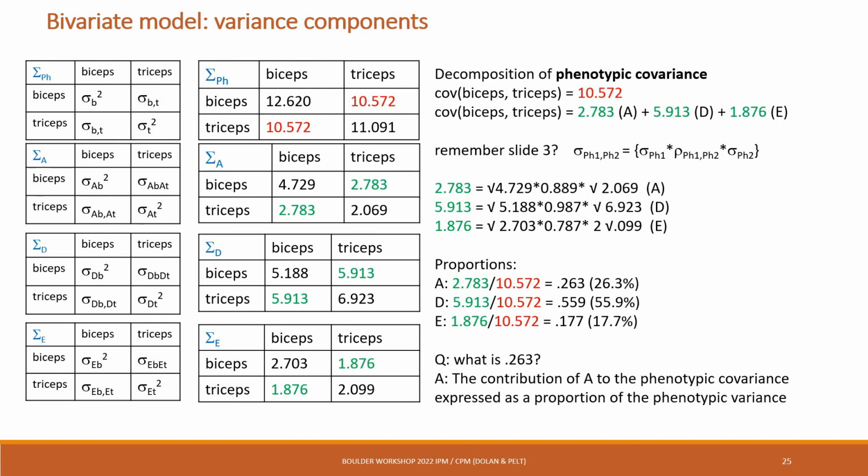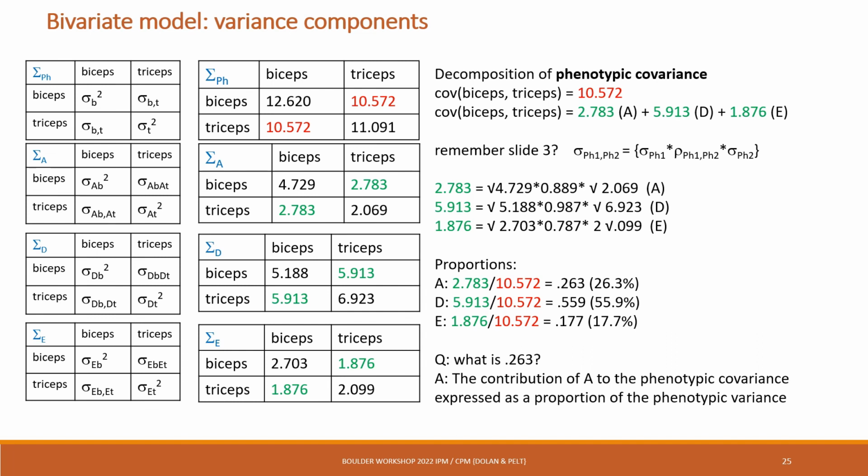So that's what you can see on the right in this slide. So, representing the covariances, the 2.78, 5.91 and the 1.87, in two different ways: just as a covariance, and also involving the standard deviations and the correlations. Okay, so that is two different ways to represent the covariance, which I discussed earlier.